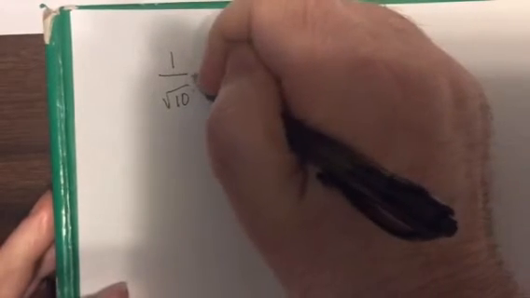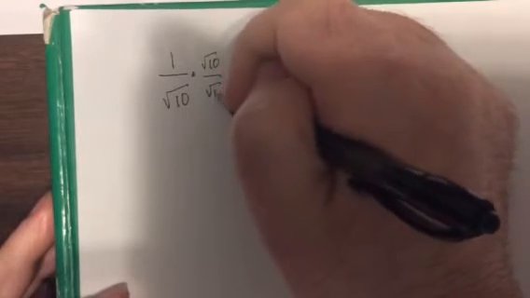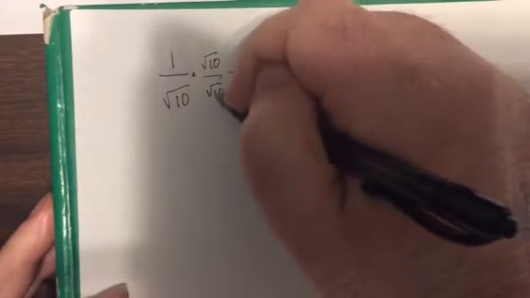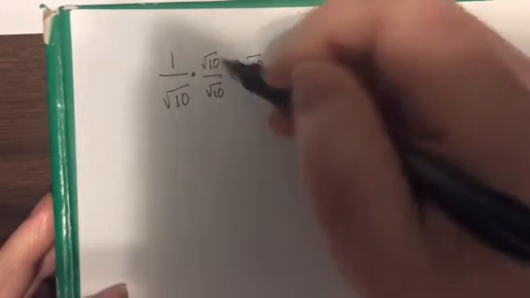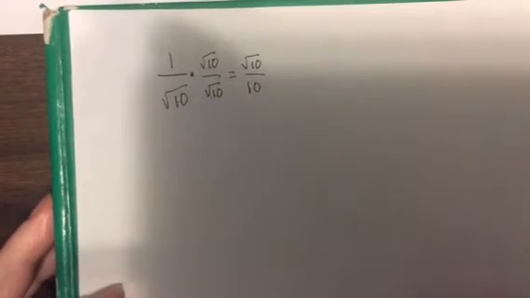It's called rationalizing the denominator. Since 10 is prime, you just multiply the top and the bottom by it. So this would be square root of 10 on the top, square root of 10 times square root of 10 is square root of 100, which is 10, because whenever you multiply a square root by itself, it's just the term underneath it.